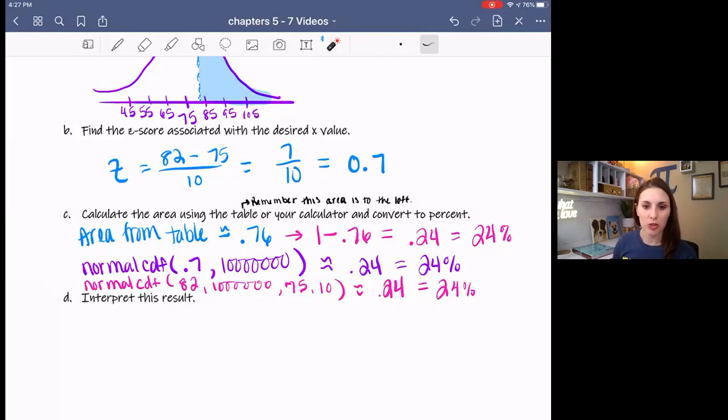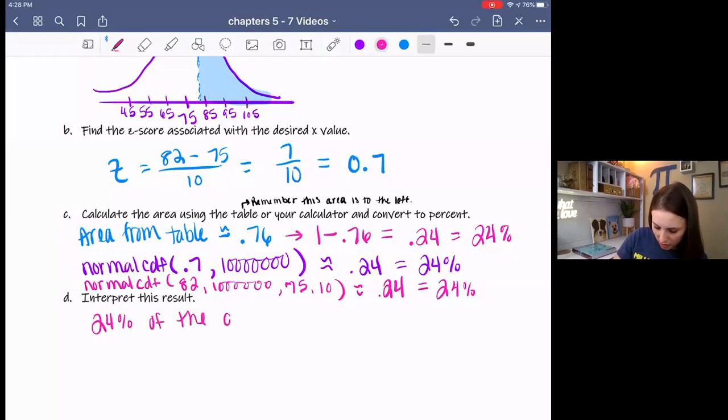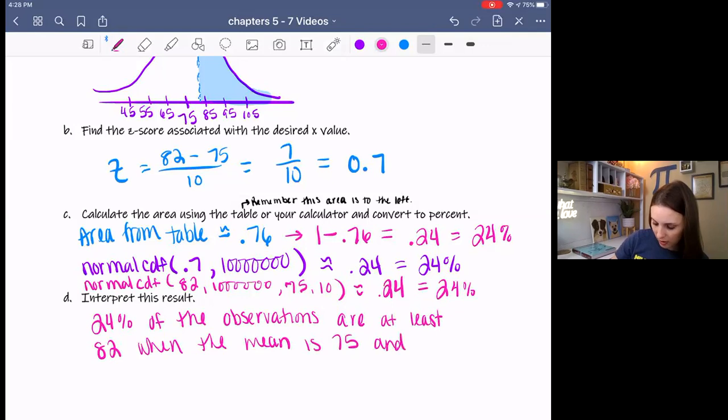So now I want you to interpret this result based on the information above and come back after you try it. So this means that 24% of the observations are at least 82 when the mean is 75 and the standard deviation is 10.